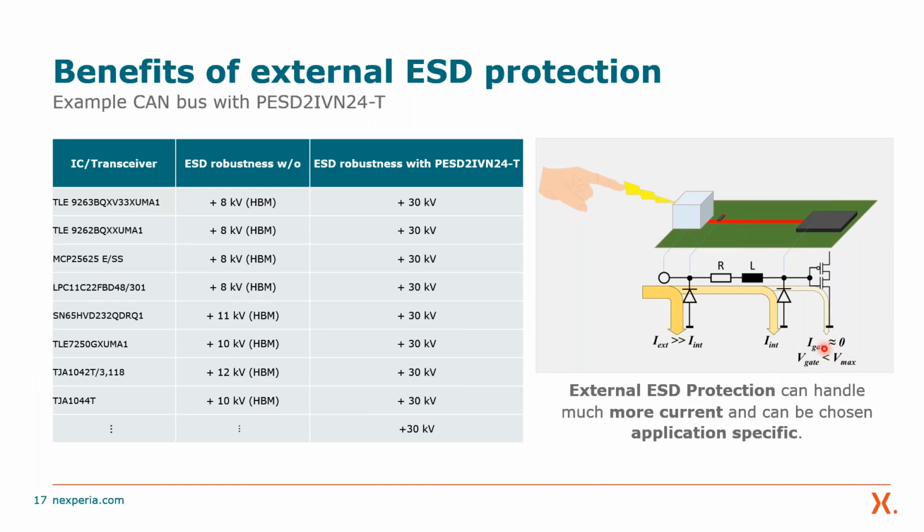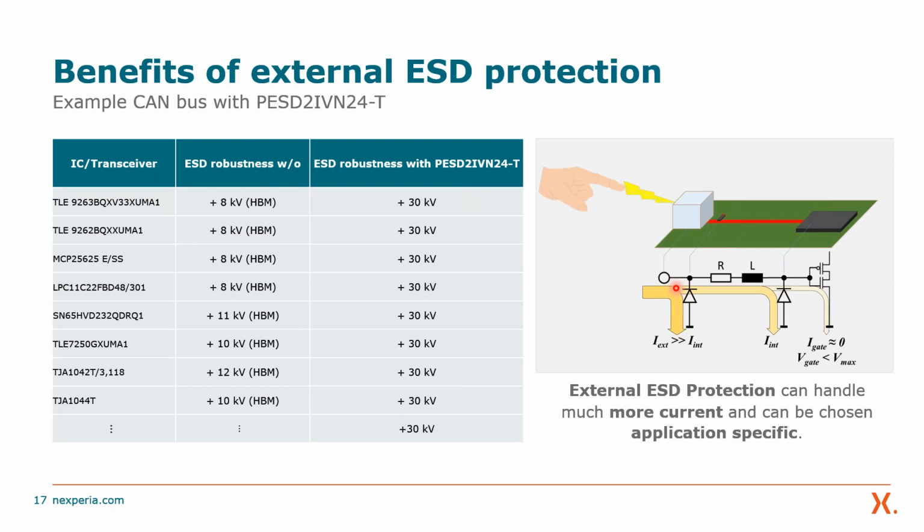To explain a little bit more why we need external ESD protection, you see here a model with the IC. If we wouldn't have any external ESD protection, the only way for the ESD current would be via the internal ESD protection down to ground. If we add some resistance and inductance which comes from the traces and position an external ESD protection right behind the connector, then the whole setup works as a current divider.